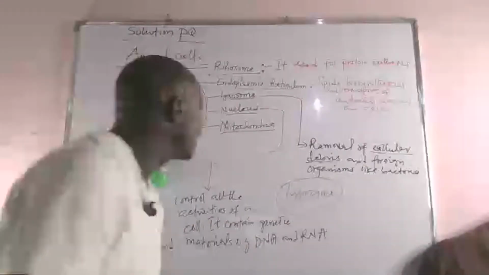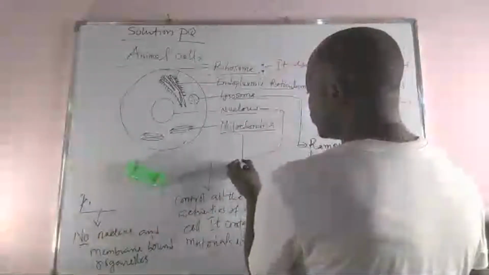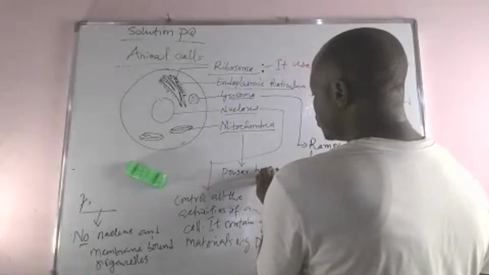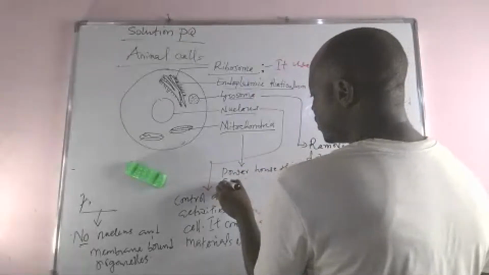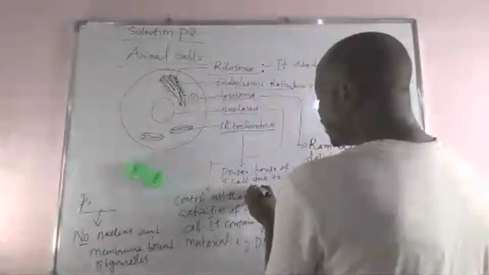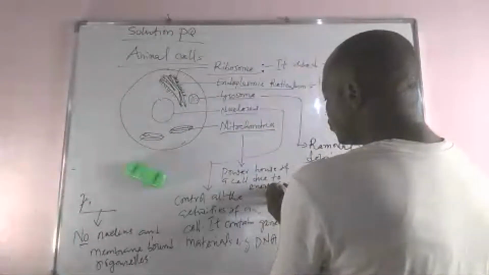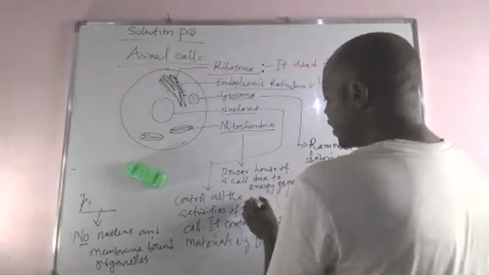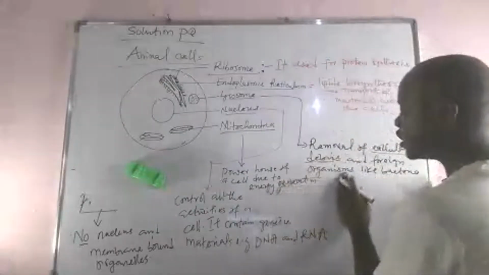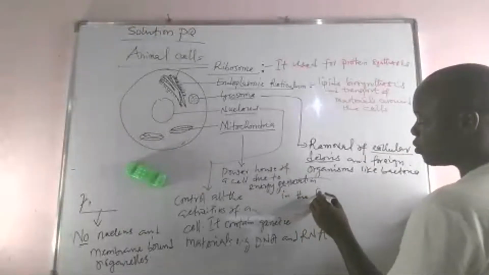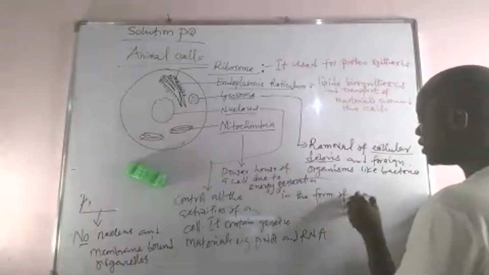So then the next one, which is the last one, question 5, the functions of mitochondria. It is considered the powerhouse of a cell due to energy generation in the form of ATP.